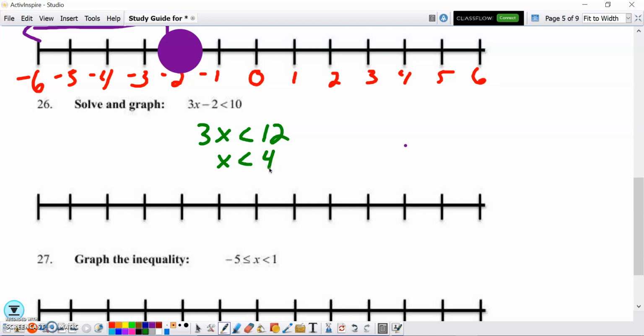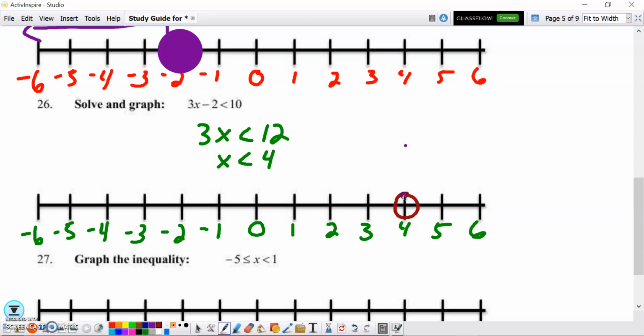All right, so again, I'm going to put my numbers on the number line. Now it's just a less than, so that would be an open dot. So that would be on the 4, open dot. And x is less than 4, so we are going to draw our arrow to the left. All right, moving on.